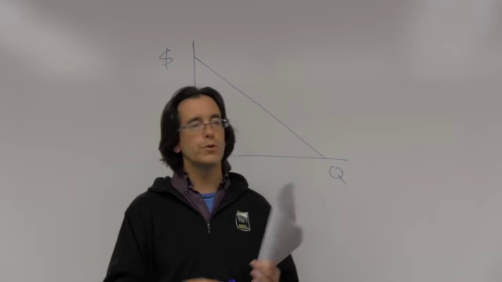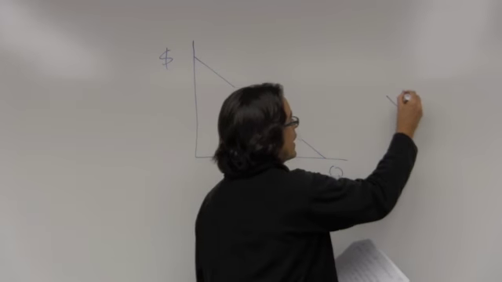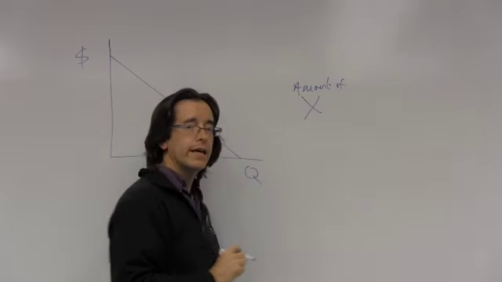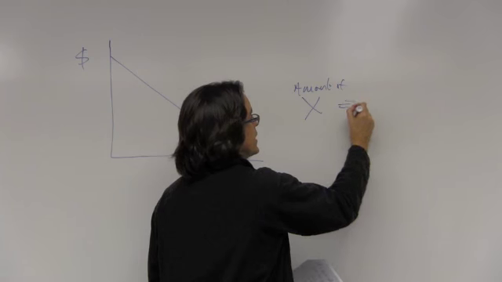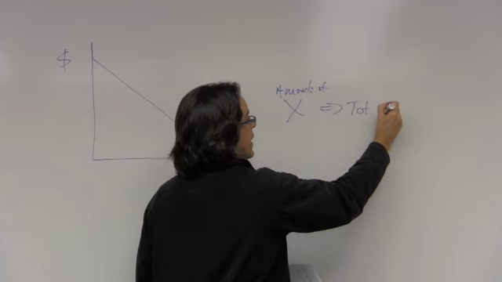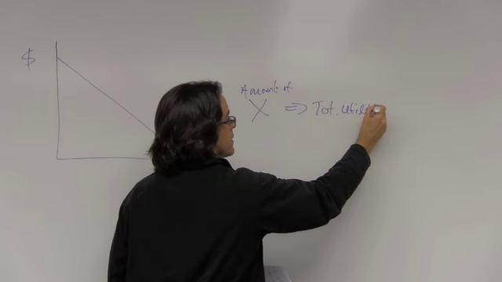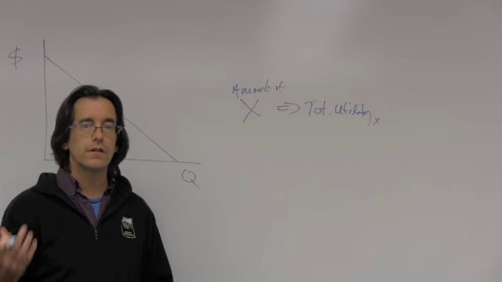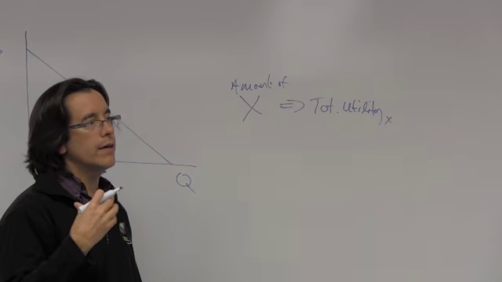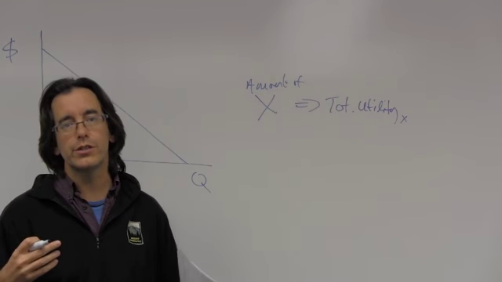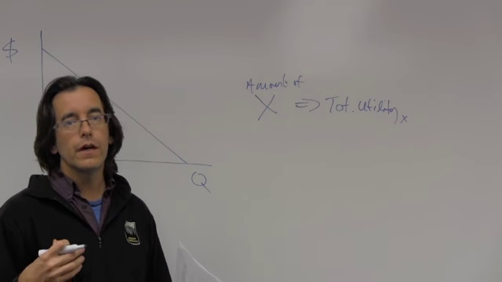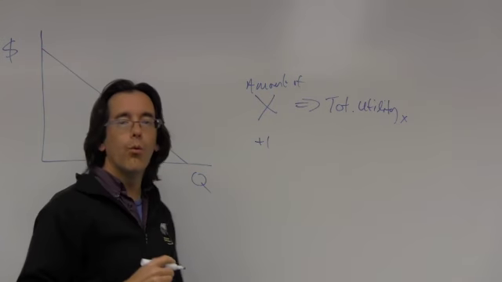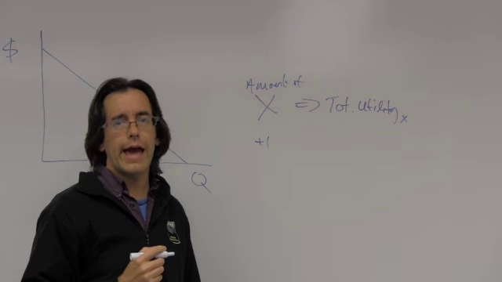So, we consume a good X. Let's just say we've got an amount of X, and that generates a certain amount of utility based on consuming that level of X. Just like other total and marginal relationships, we can think of, okay, if we're consuming a certain amount, what if we consumed one more unit of X?